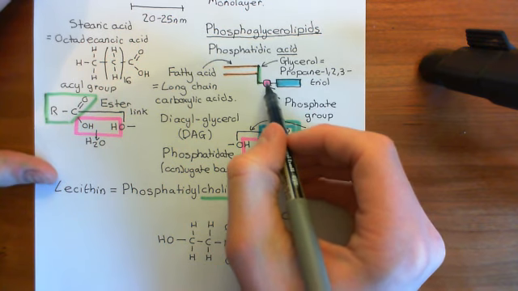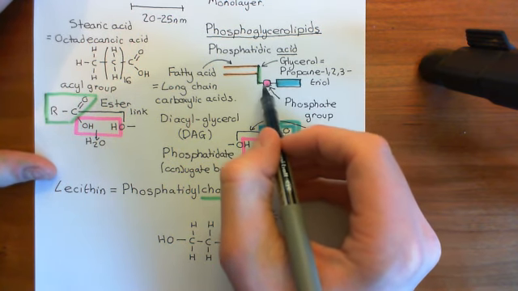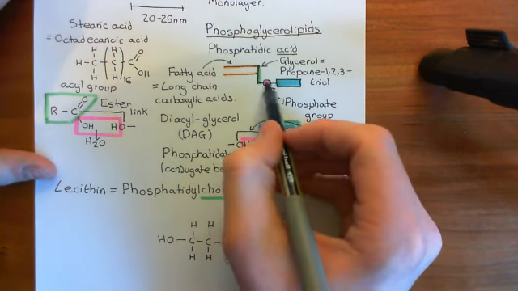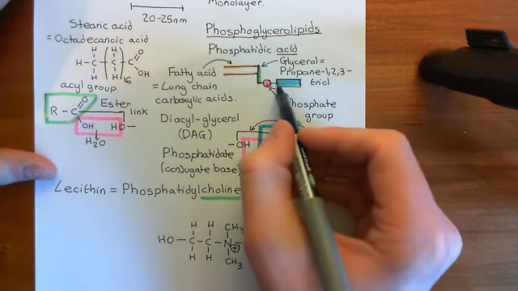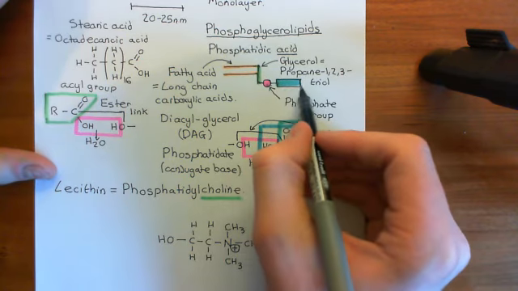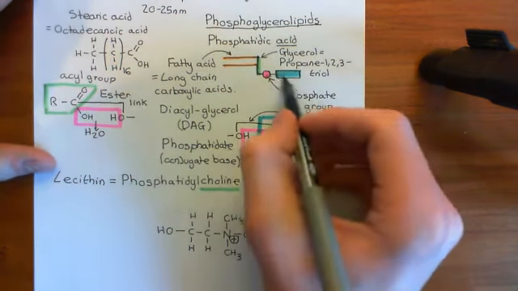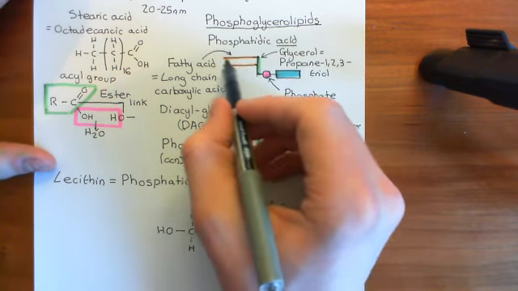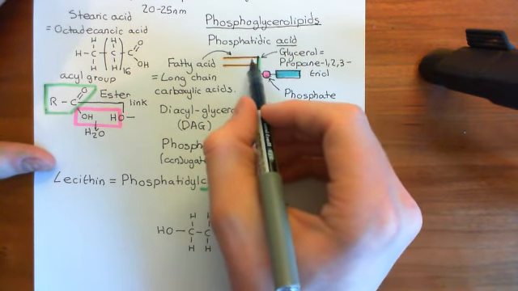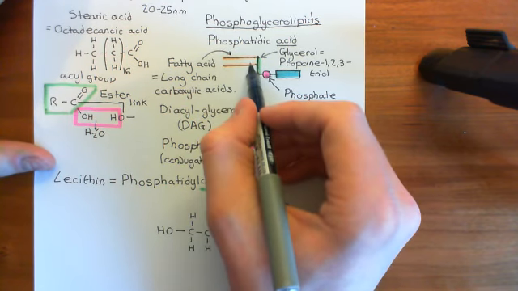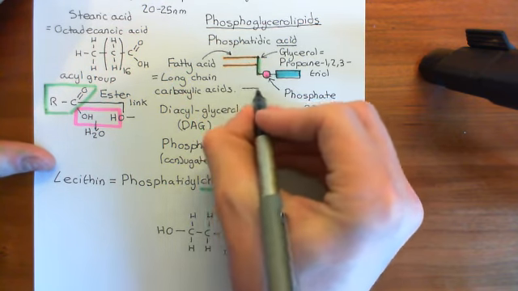It's a perfect example of a phospholipid because the phosphate group has this negative charge here, so that's very polar. Then this choline group that we've added on here also has a positive charge, so that's very polar as well. Whereas this portion down here, where we've got the 2 long-chain carboxylic acids linked, these are very hydrophobic, so those represent the hydrophobic tails.